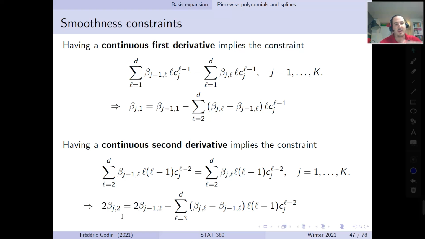So the only thing left to vary freely are the beta j3s, which characterize the third order variation.